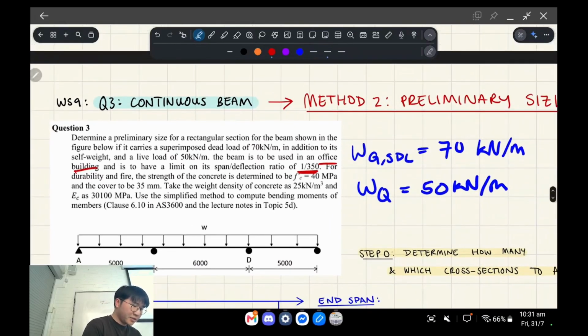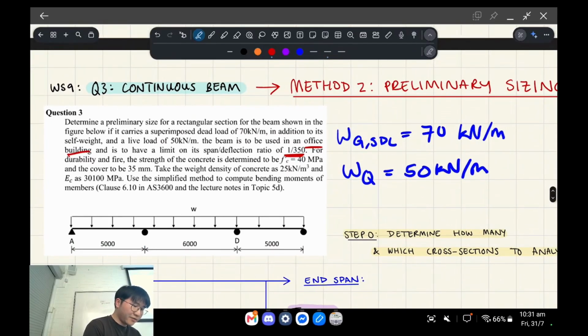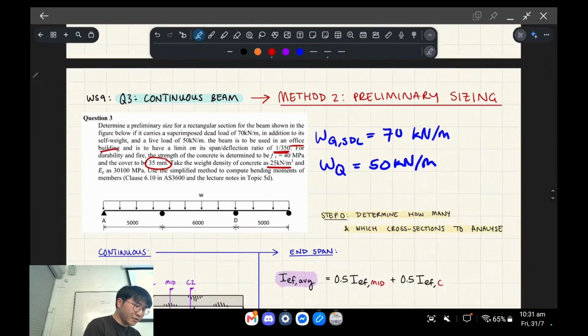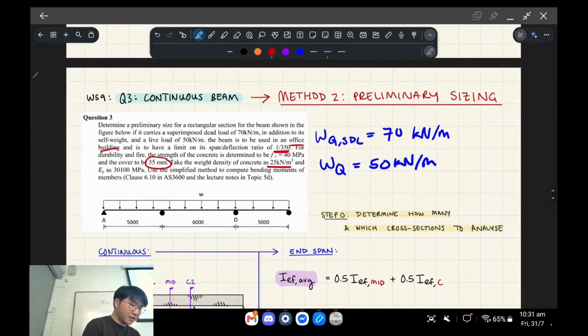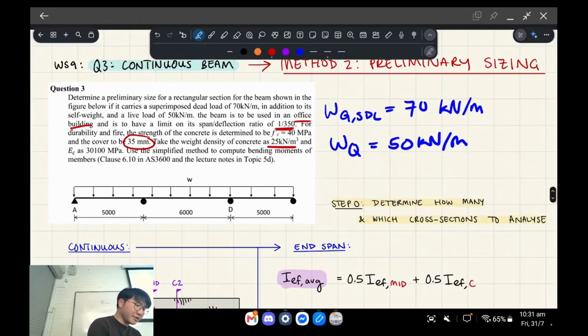For durability and fire, the concrete is determined to have 40 MPa, and cover is this, and use this for elastic modulus, and the unit weight of concrete is 25 kilonewtons per meter cubed. Okay, it tells us to use something called the simplified method to compute the bending moments of the members.